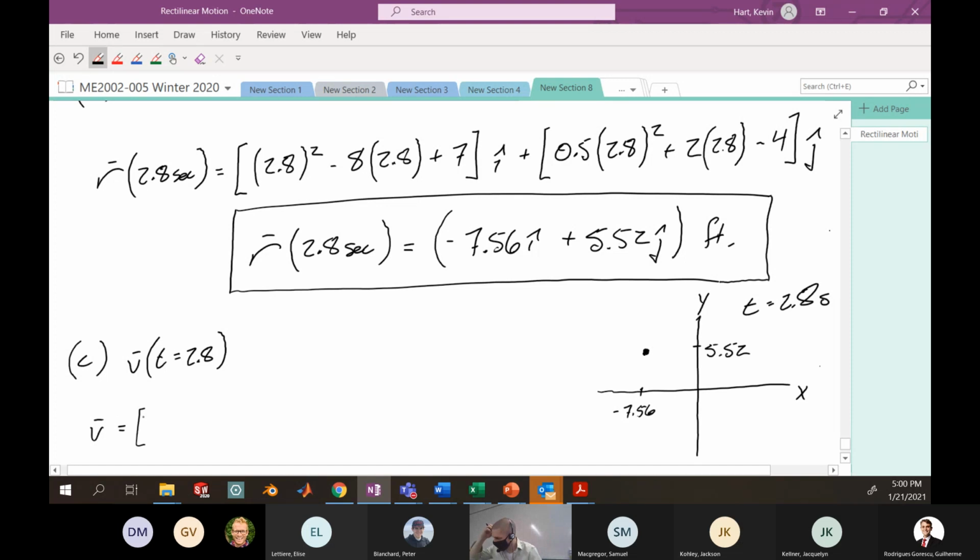Here we had something like 2t minus 8. So this is 2 times the time minus 8 i hat plus, what is the j component? It was t plus 2. This is 2.8 plus 2 j.